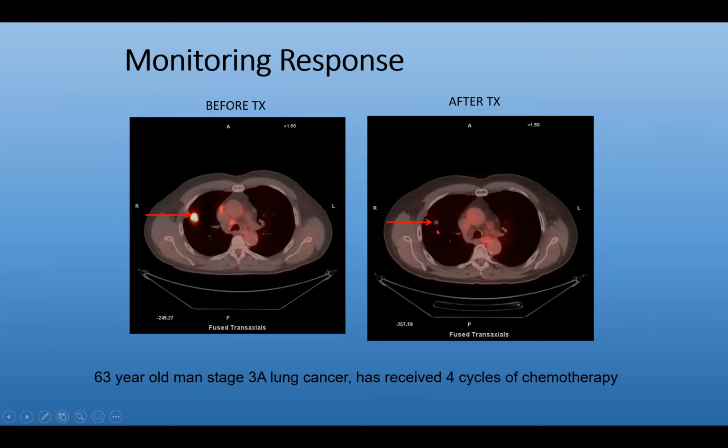After his chemo, though, you can see that the lesion has shrunken significantly. So certainly size-wise, the lesion has decreased in size, but just as important is that the SUV value has decreased significantly, and this is compatible with a favorable response to treatment.